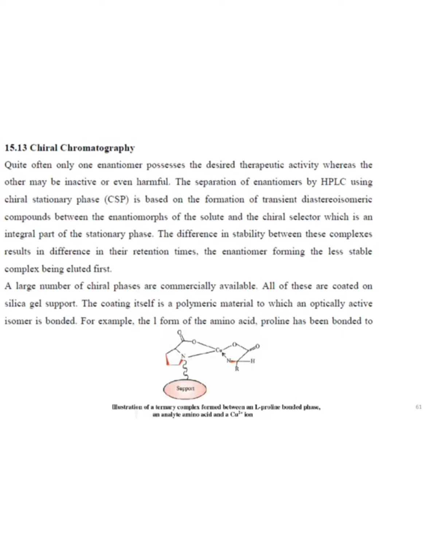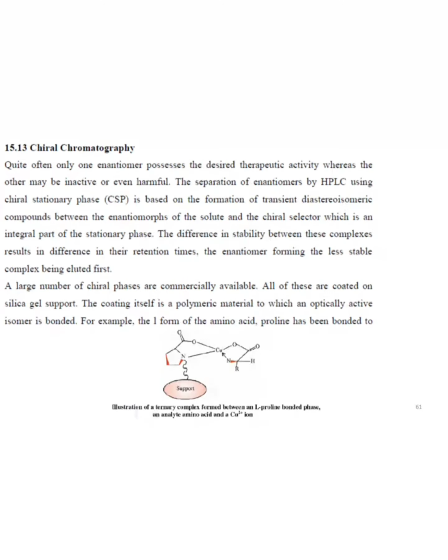Here, chiral components of the separation system are capable of interacting enantioselectively with the enantiomers to be separated. The main use of chiral chromatography is the separation of optical isomers, where isomers just have the same molecular weight with different structures, so they can be separated using chiral chromatography.